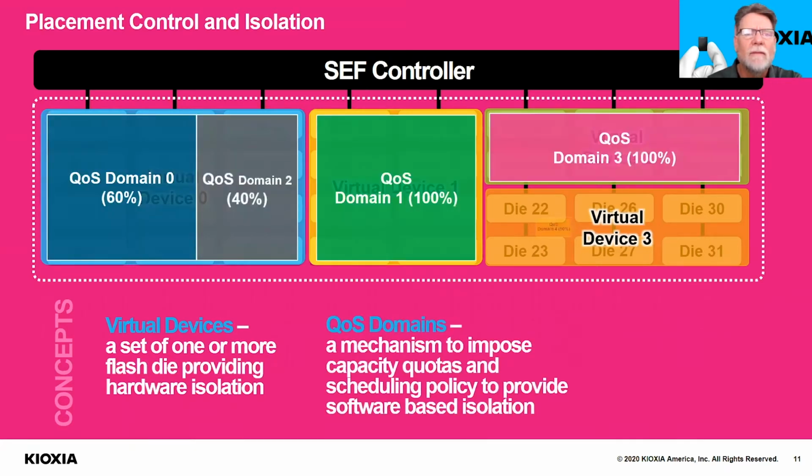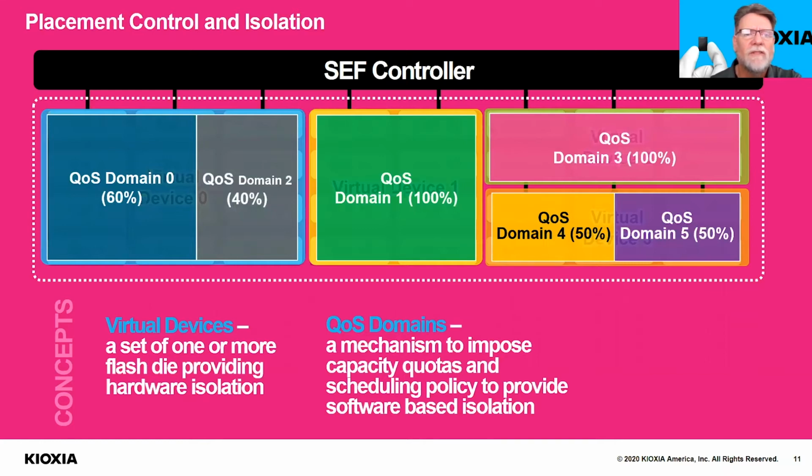The next concept is that of a quality of service or QoS domain. And this is a mechanism that we use to impose both capacity quotas as well as scheduling policy and provide provisions for software-based isolation. Note that it is possible for multiple QoS domains to share a single virtual device.